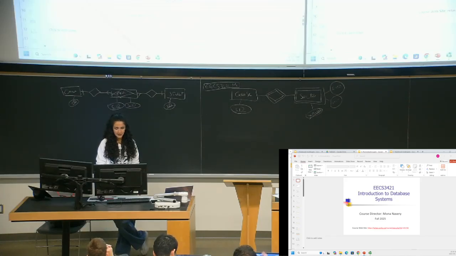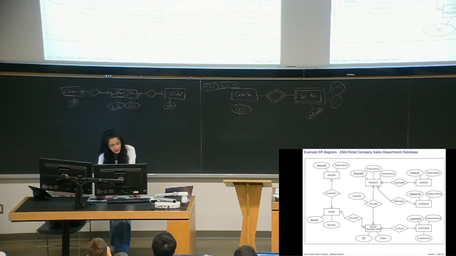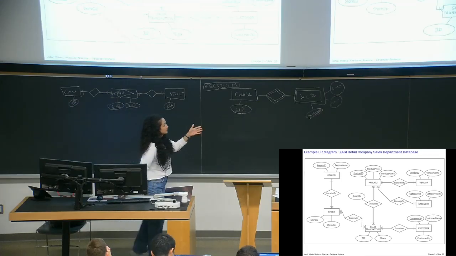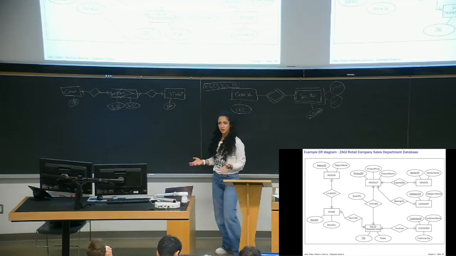Now, as you see, there is a many-to-many relationship between product and transaction. So these are the main entities that you'll see: product, customer, maybe product categories, orders, or transactions.